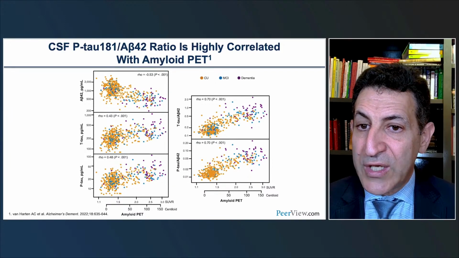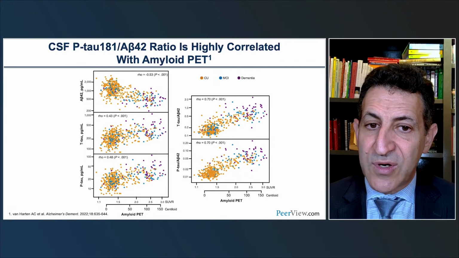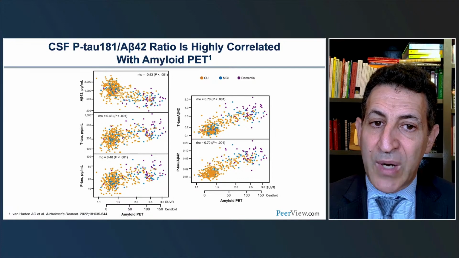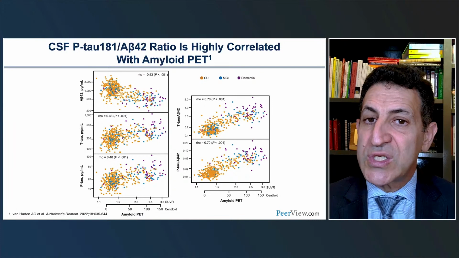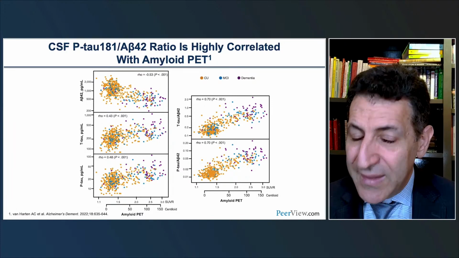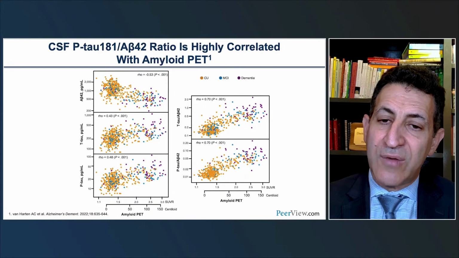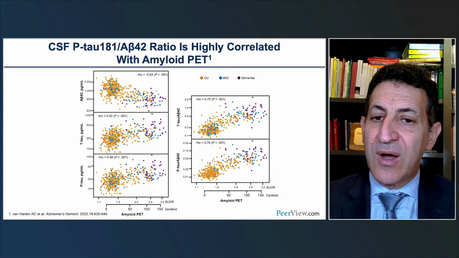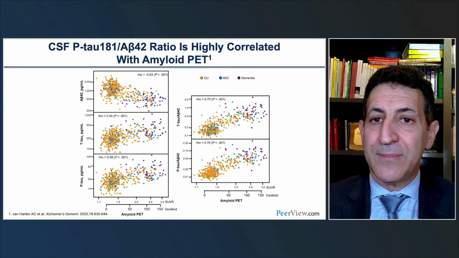The correlation is very high at 0.70. Total tau to A beta 42 is very good at 0.70. But if you're just looking at individual biomarkers on the left-hand side, you see that the correlation is just not as good. Not bad, but not as good. So we really want to look at the ratio of p-tau to A beta 42 because it correlates very, very well with amyloid PET.